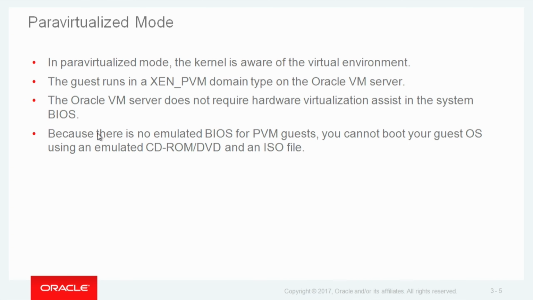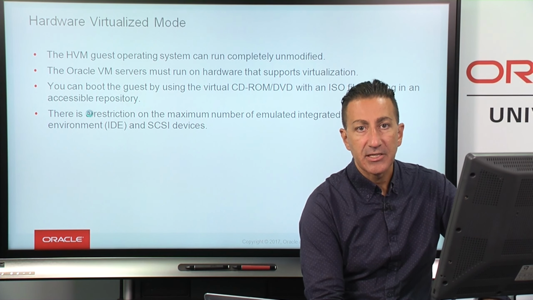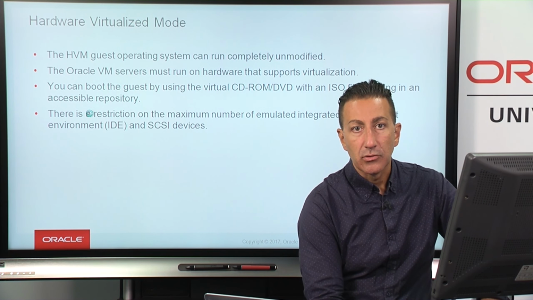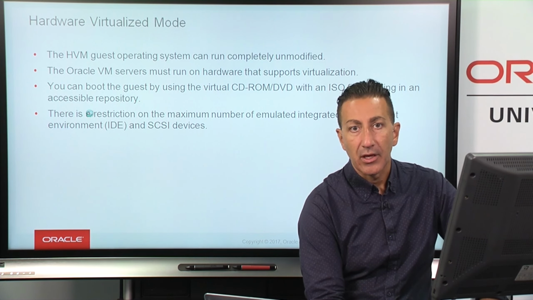Well, the other mode is the hardware virtualized mode. In this case, the HVM guest operating system can run completely unmodified. What I mean is that you can install the operating system using an ISO image, a virtual CD or DVD ISO image file residing in a repository that is accessible by the server pool, by the server on which you want to perform the creation or installation of the Oracle VM.